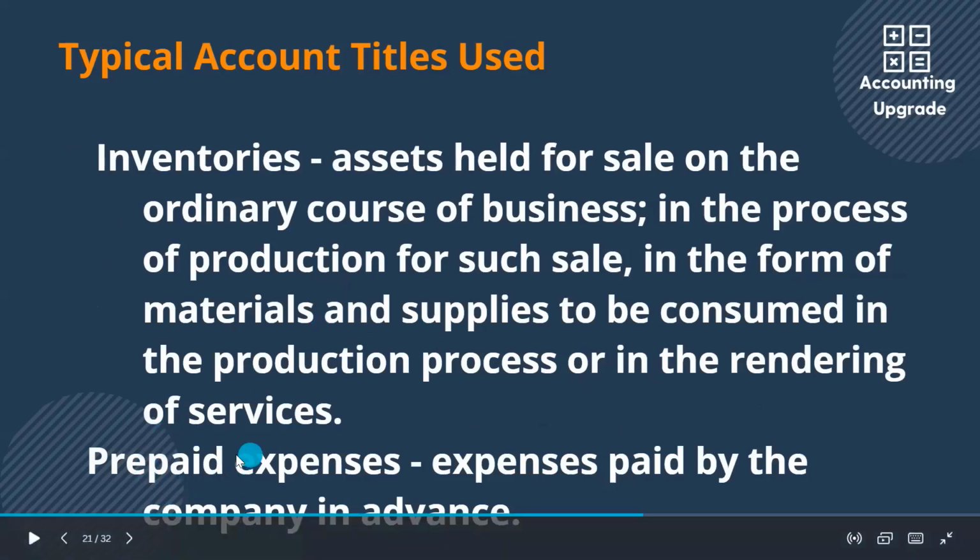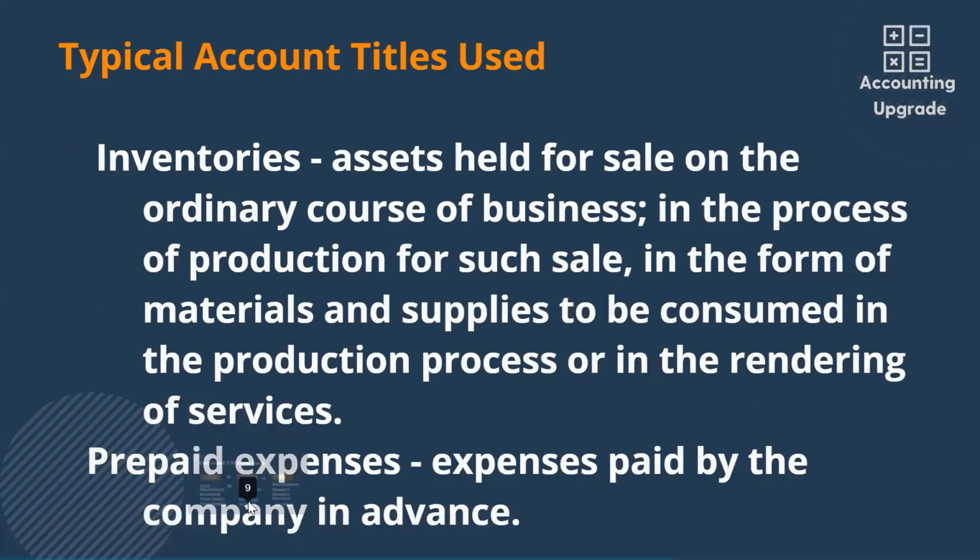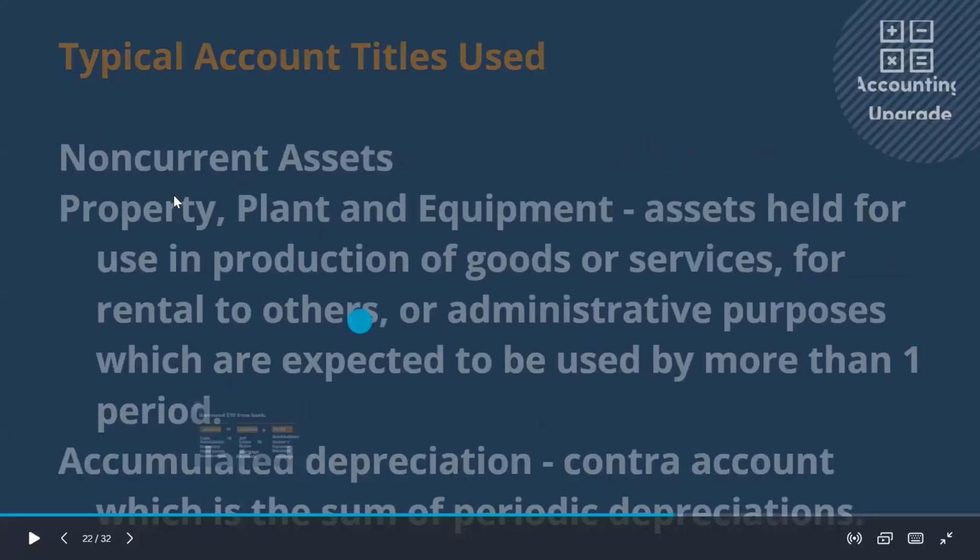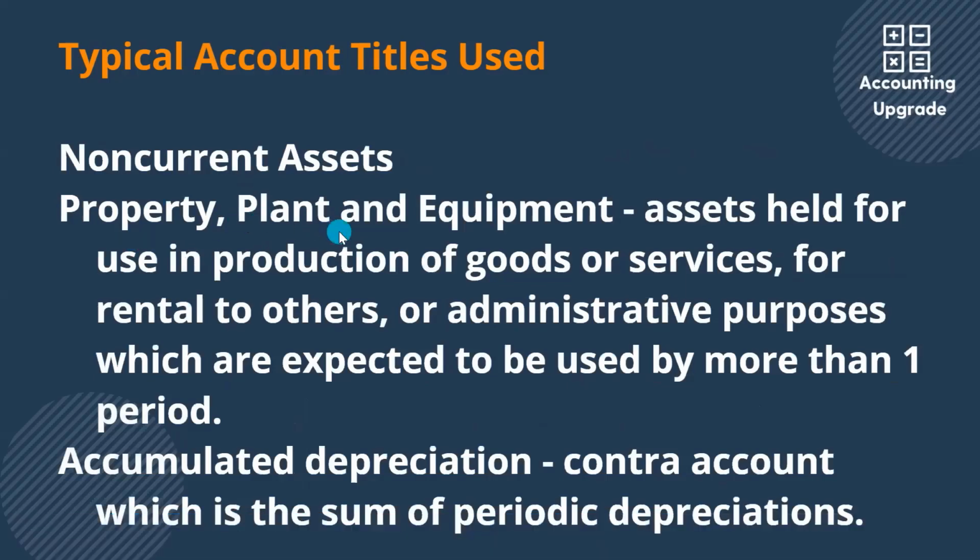And then also prepaid expenses, which are expenses paid by the company in advance. And then non-current assets, which may include property, plant, and equipment, which are assets held for use in production of goods and services, for rental to others or administrative purposes, which are expected to be used for more than one period.